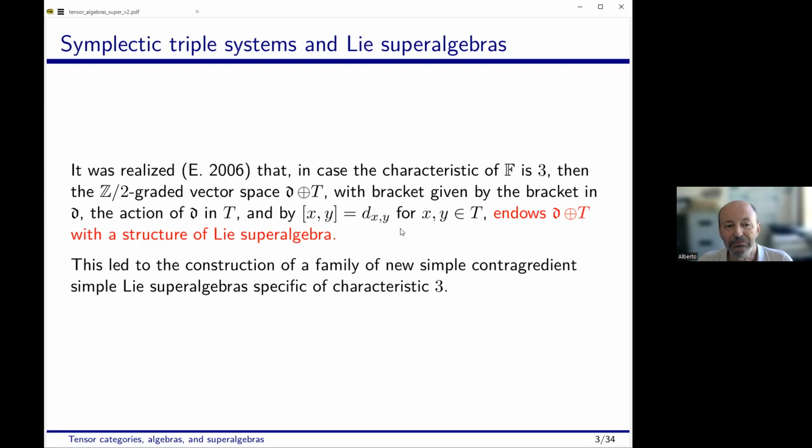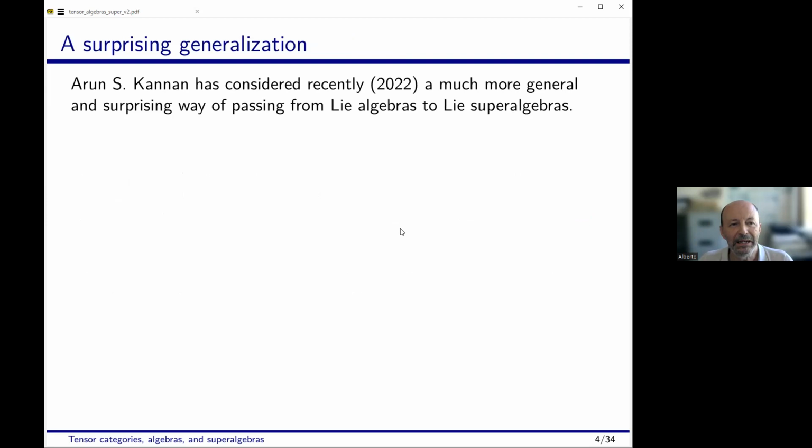Okay, so this happened many years ago, and then quite recently, a graduate student at MIT, Arun Kannan, a student of Etingof, considered a completely different and surprising way of passing from Lie algebras to Lie superalgebras, mainly in characteristic 3, although he was able also to deal with some other exceptional situations in characteristic 5.